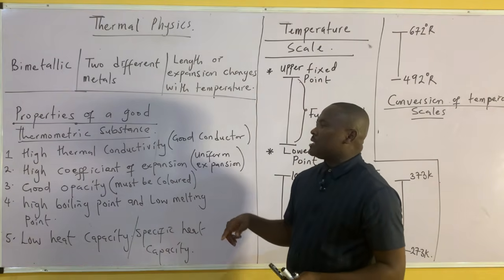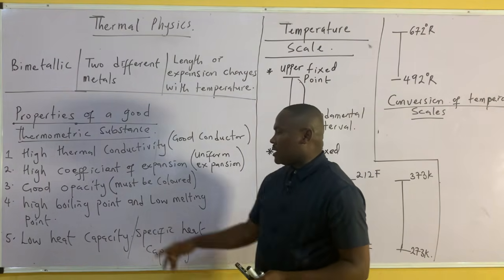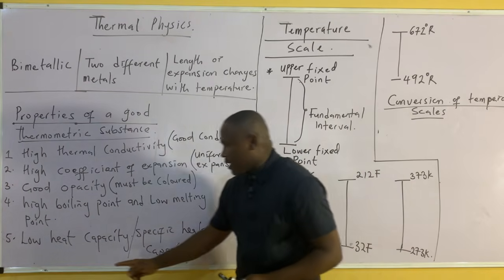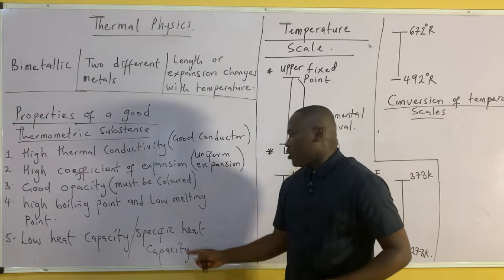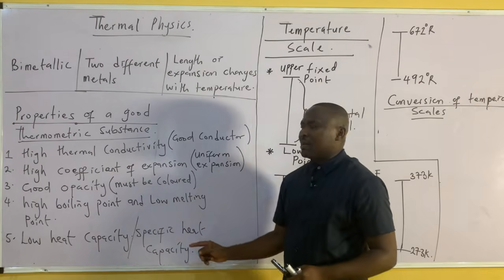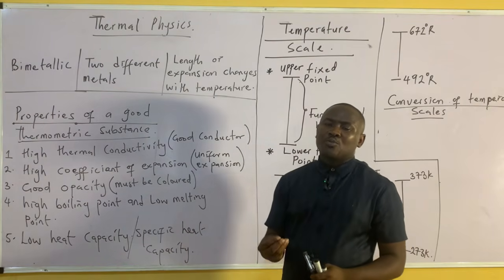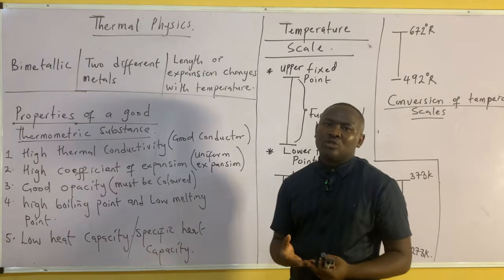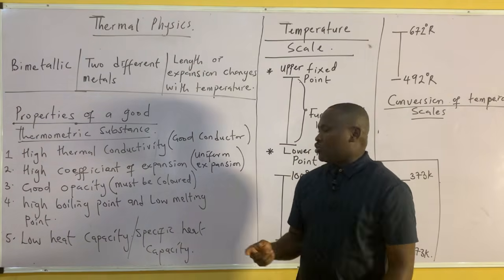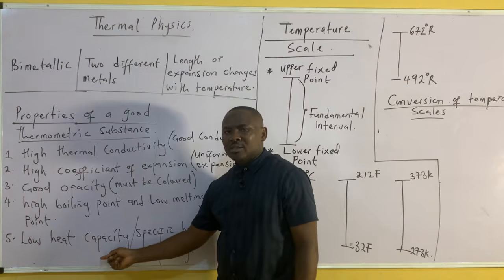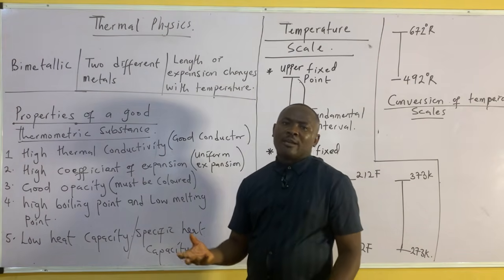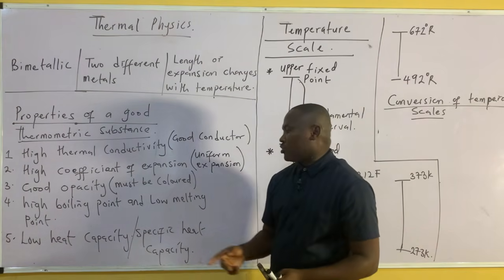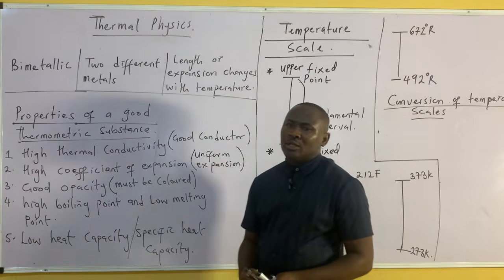So a good thermometric substance should have all of these. Then we have number five, it should have a low heat capacity or a low specific heat capacity. What does that mean? It means that a small amount of heat should be able to raise a noticeable temperature. So a small amount of heat can show a rise in temperature. That is what we call a low heat capacity.